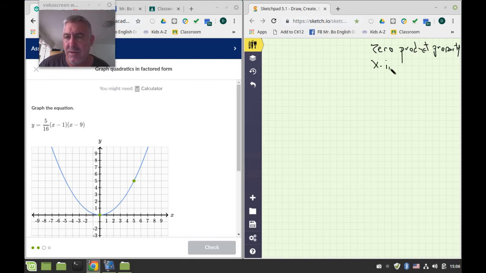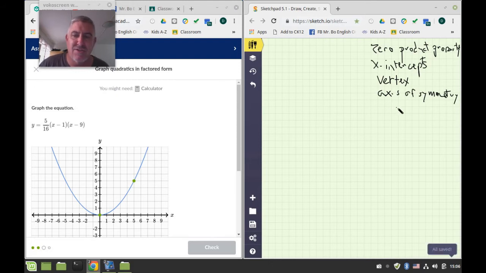We're going to need to know x-intercepts. We're going to need to know the vertex. And we're going to need to know the axis of symmetry, or sometimes the line of symmetry.